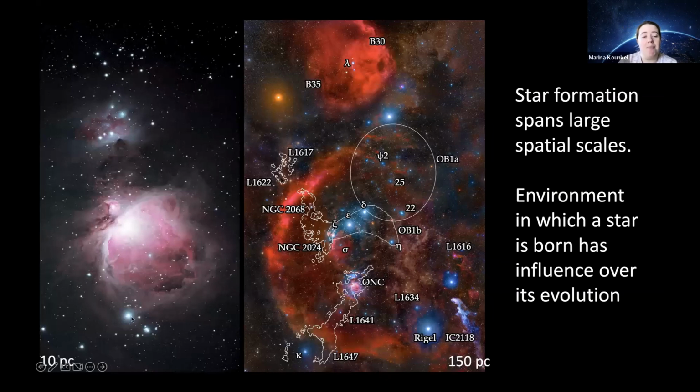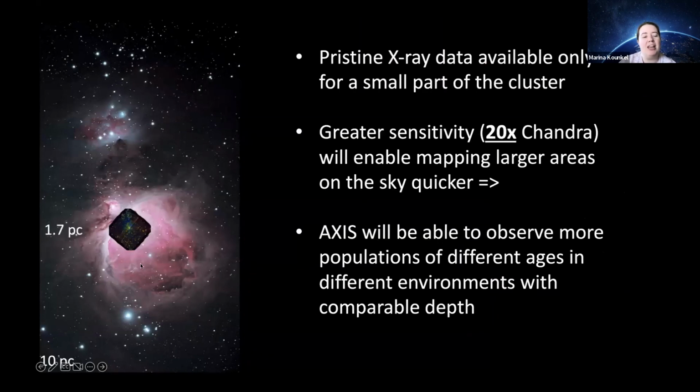The Orion Nebula, which is the most active region of star formation in this area, is located right over here. So COUP was observing the Orion Nebula, but it wasn't able to observe its entirety. It was able to observe only a small part of the most active part of the Orion Nebula.